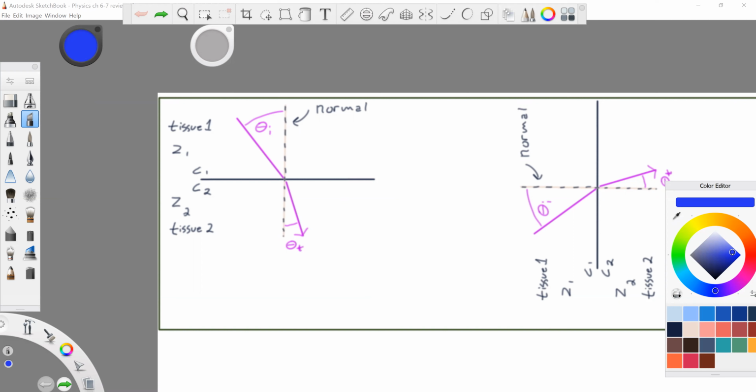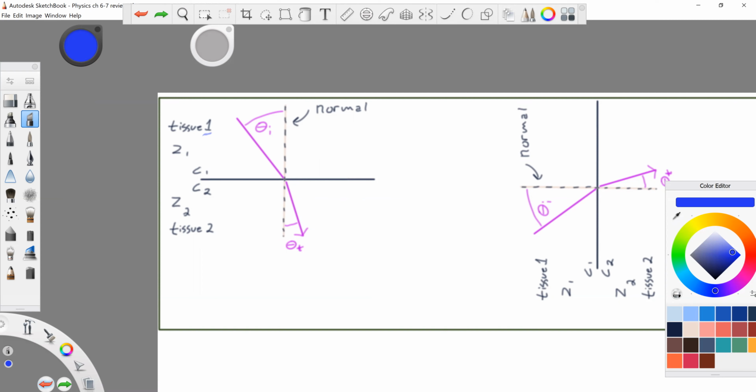On this picture, we have tissue 1, tissue 2. Everything up here is tissue 1, everything down here is tissue 2.